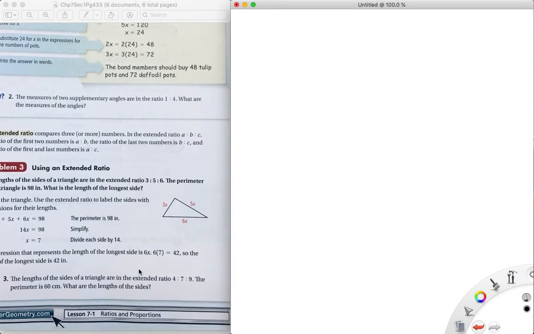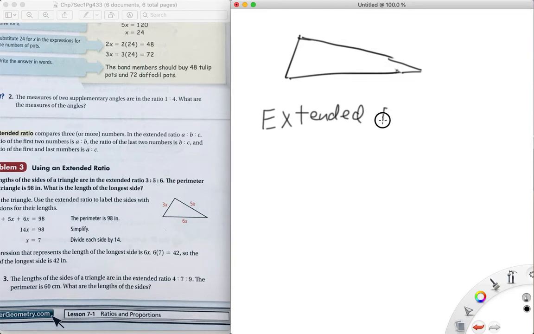Here we have a triangle, just a random triangle. And it says that it has something called an extended ratio. So when we have an extended ratio, it's when you have three or more quantities that you're comparing.